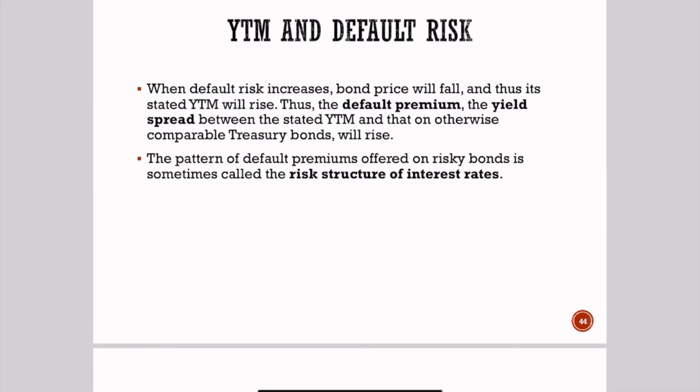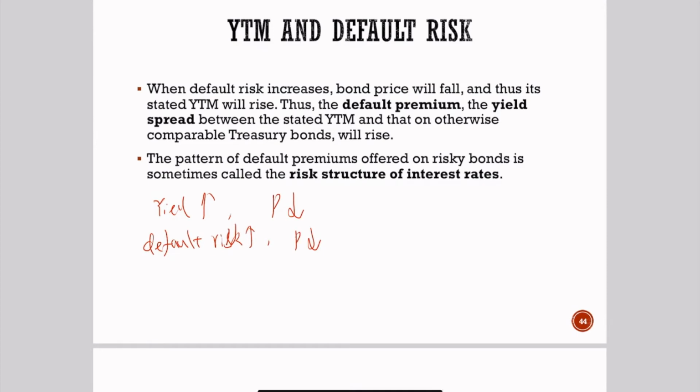As yield increases, this implies the bond price decreases. So let me write this down. We have learned that if yield increases, bond price decreases. And based on this, we know that if default risk increases, then bond price will also decrease.